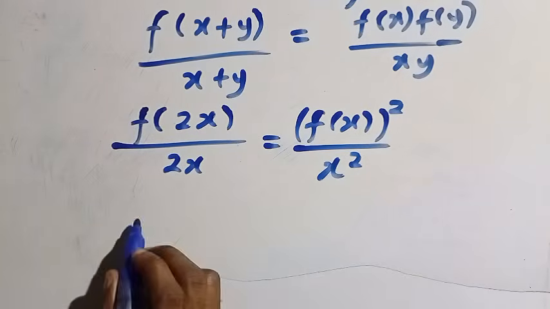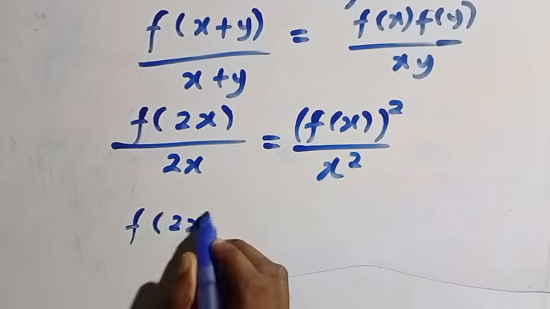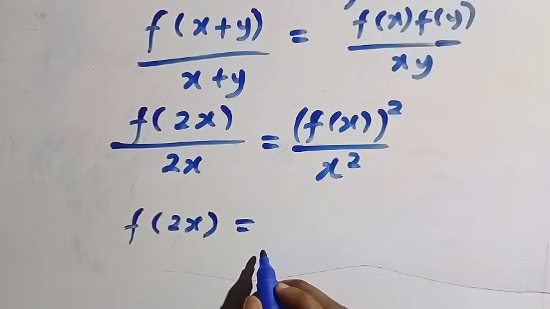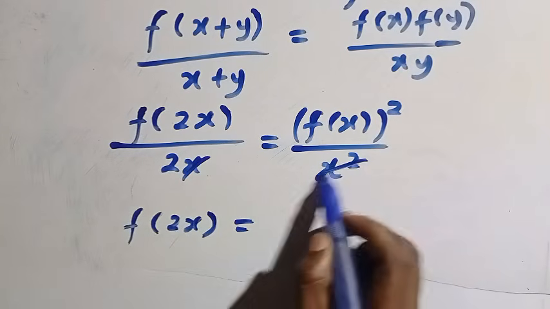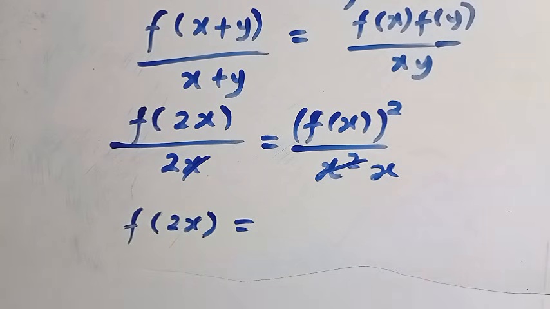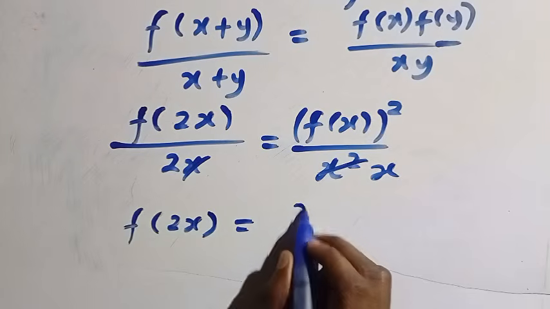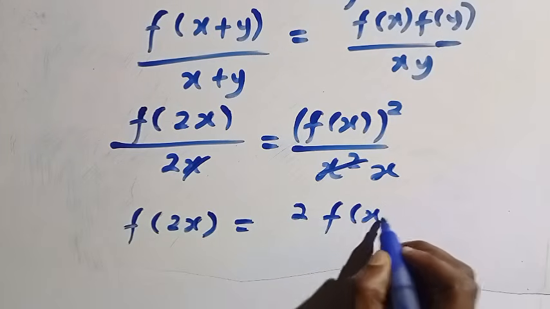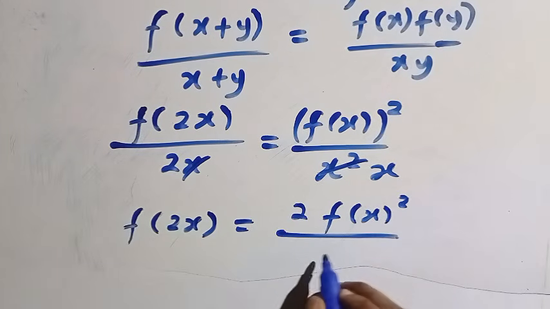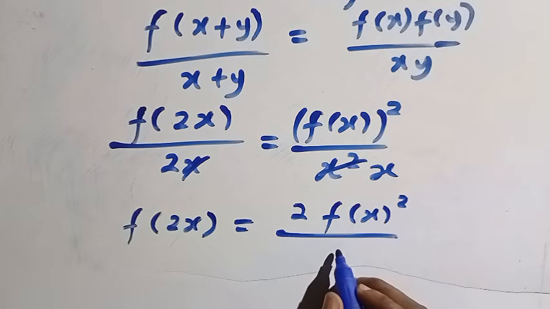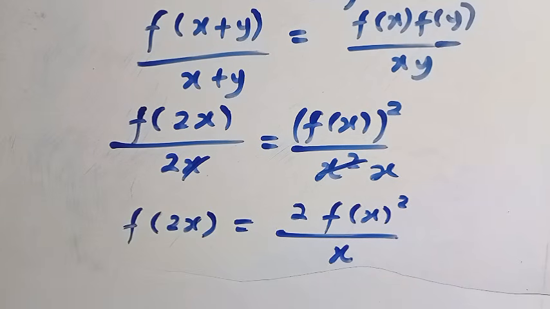And we have f of 2x here, which equals, if x cancels 1x, we have just x. We cross multiply with 2. The result of this gives us f of x all squared divided by x. But does this make any sense? No, because we need f of x. If we try to solve this further, we might not get the answers.